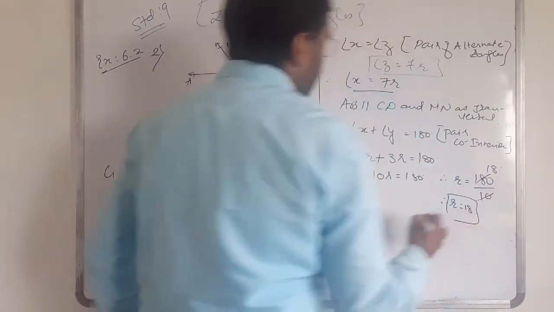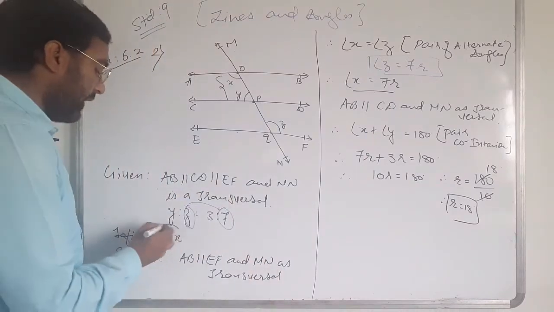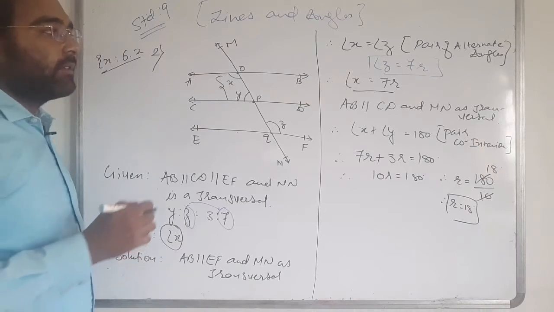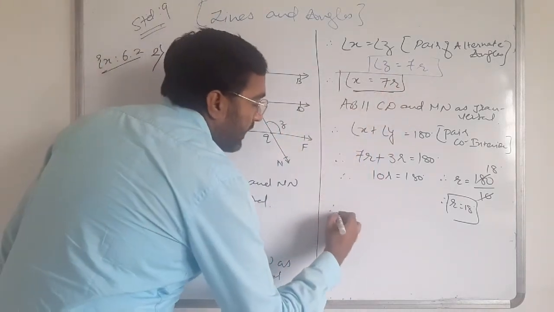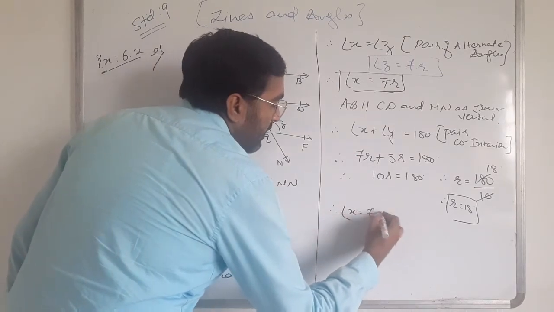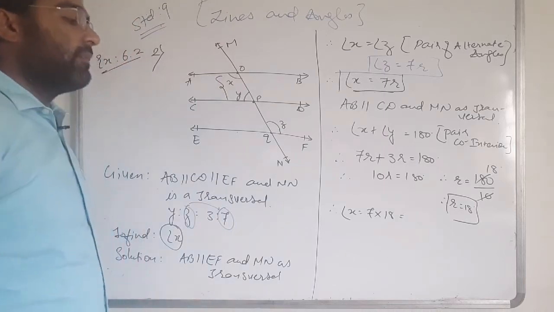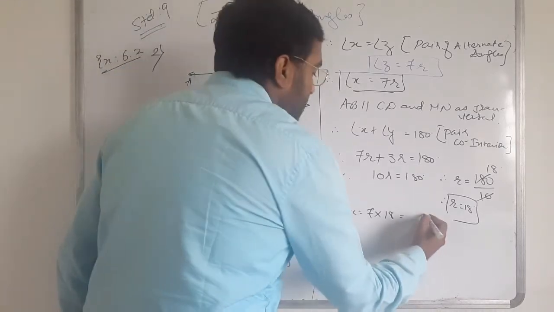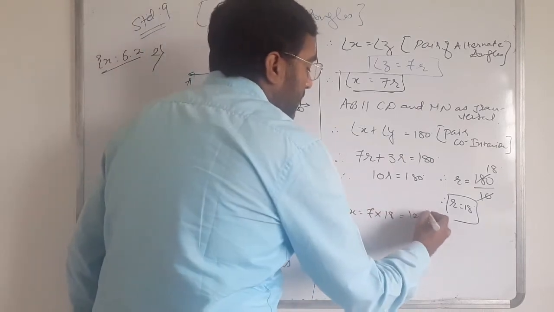Now we have to find angle X. Angle X is equal to 7R. So angle X is equal to 7 into 18. 7 eights are 56, 7 ones are 7 plus 5 is 12, so 126.